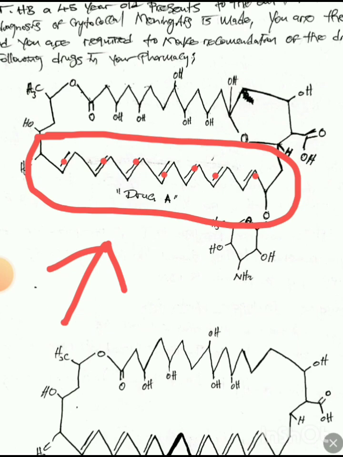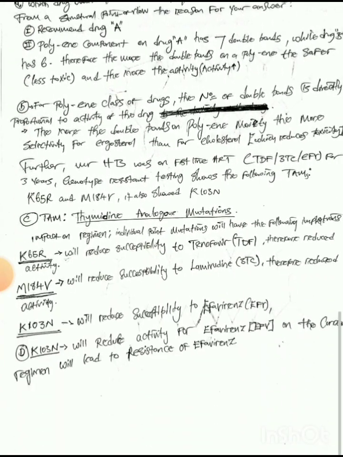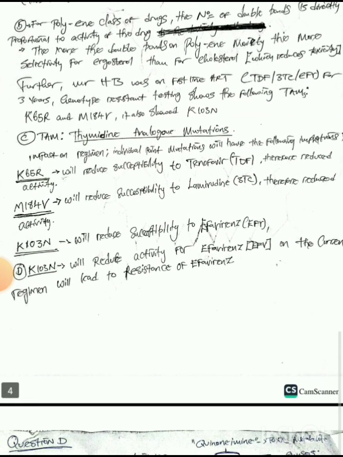And we can conclude that the more double bonds, the more affinity the drug has to ergosterol as compared to cholesterol, because of its hydrophobic nature. So that is our structure-activity relationship as elucidated on B. For the polyene class of drugs, the number of double bonds is directly proportional to the activity of the drug.